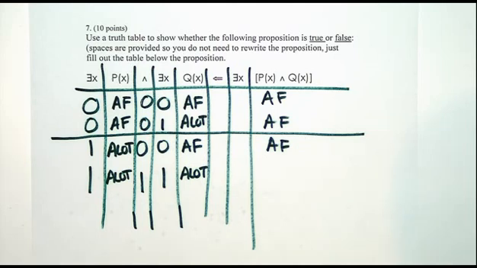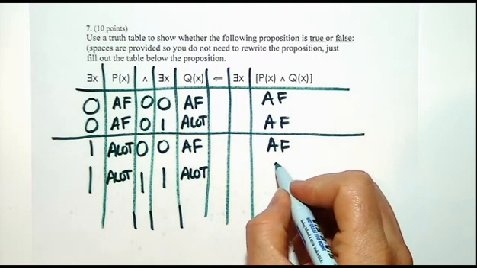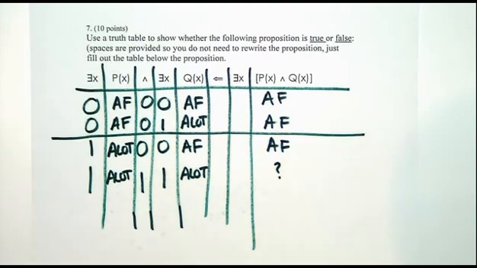Do we know anything about the truth value for that? No, we don't, because AND only knows about falses. Because if I have at least one true, like let's say I have a blonde person in the room and I have at least one blue-eyed person in the room, that doesn't actually tell me whether there's a blonde with blue eyes or not. So it could be true, it could be false. We don't actually know, so we put a question mark.